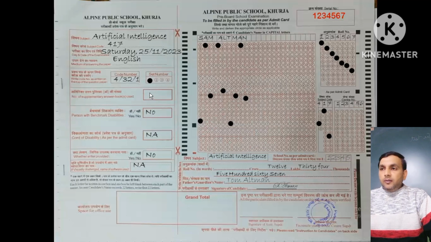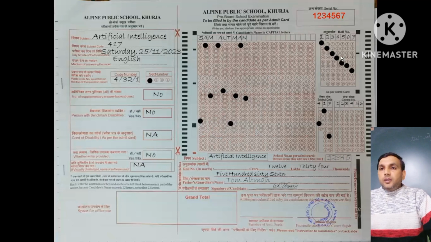If you have not taken any kind of additional answer sheet, then just write here only no. So that's all about the instructions to be filled on the front page of your answer sheet. You don't have to make any other entry on this front page, and the remaining entries will be filled by the school or by other invigilators. Also, they have to check your entries.